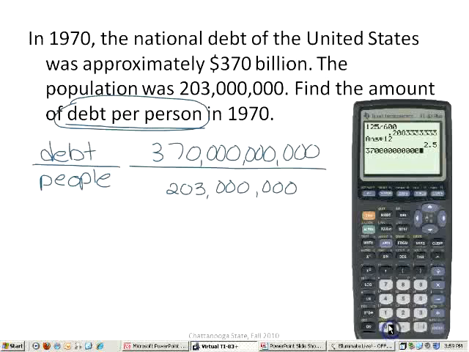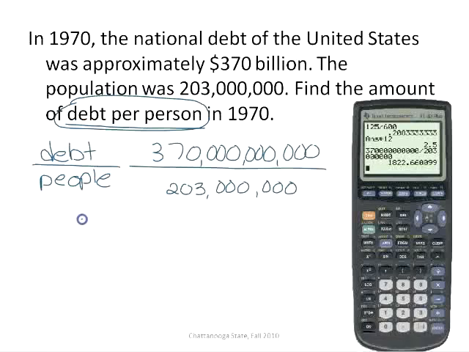Then I need 9 more zeros. 1, 2, 3, 1, 2, 3, 1, 2, 3. Divided by 203. Now I need 6 zeros. 1, 2, 3, 1, 2, 3. That gives me that the debt per person was $1,822.66.